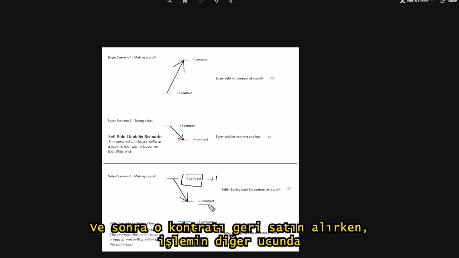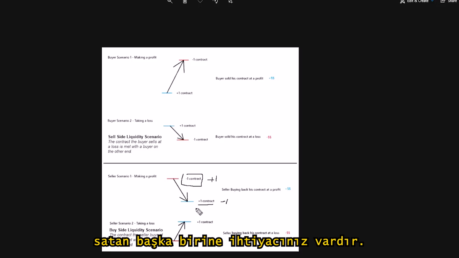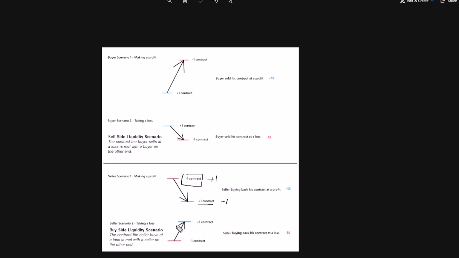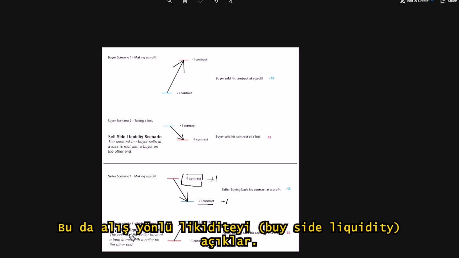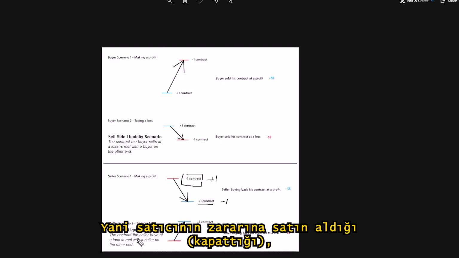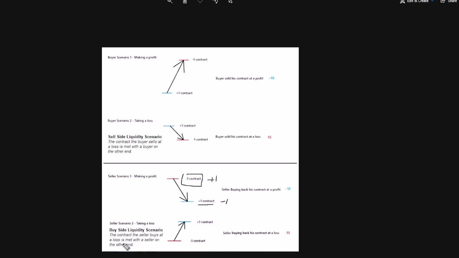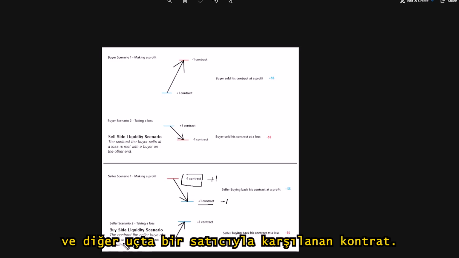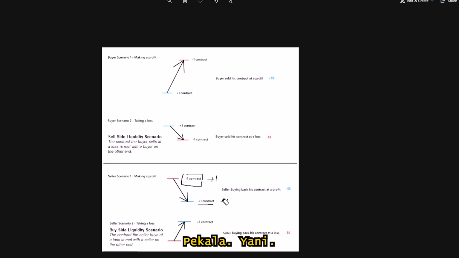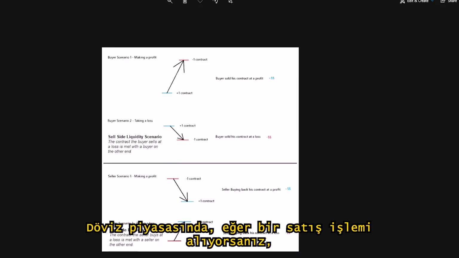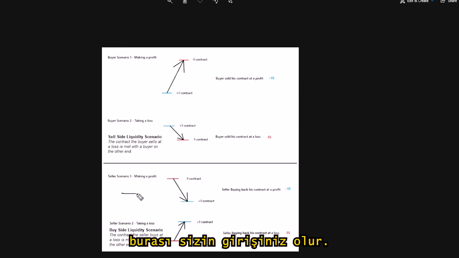When you're buying back that contract, you need someone else on the other end of the trade who is selling, which explains the buy side liquidity. It's the contract the seller buys at a loss, which is met with a seller on the other end. In the foreign exchange market, if you're taking a sell order, this would be your entry over here.